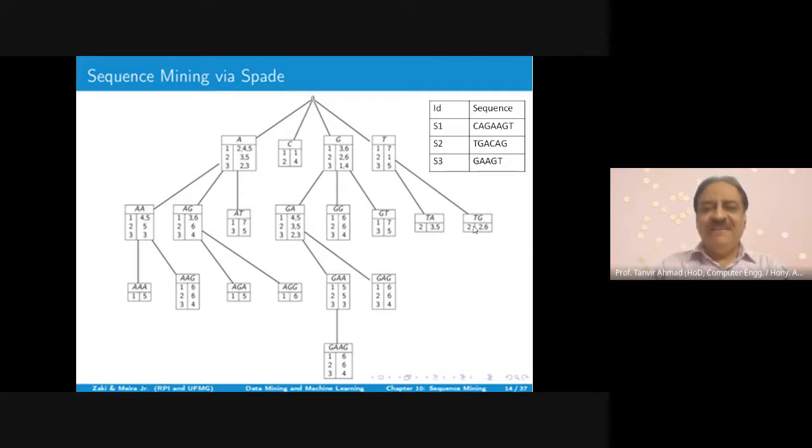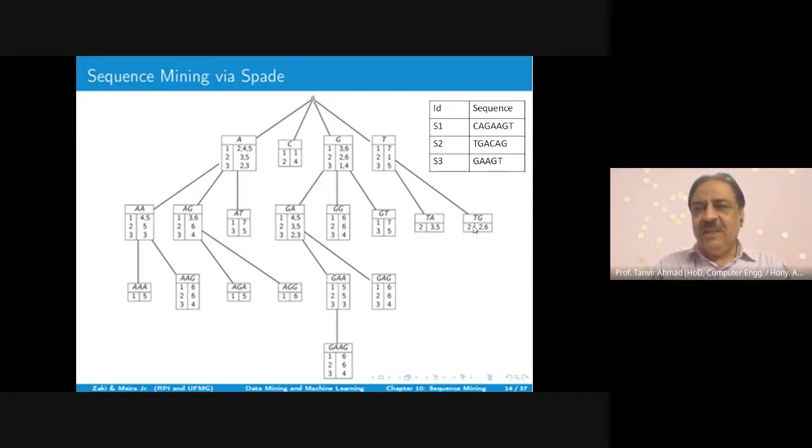Okay, let me see if it works. AAT, fine, let us take. Now for AA, the AAA, what is the end position of A? The last A. Now you find that if in AA 4, 5 is coming, that means if I want to maintain for AAA, I will take the third A for this.